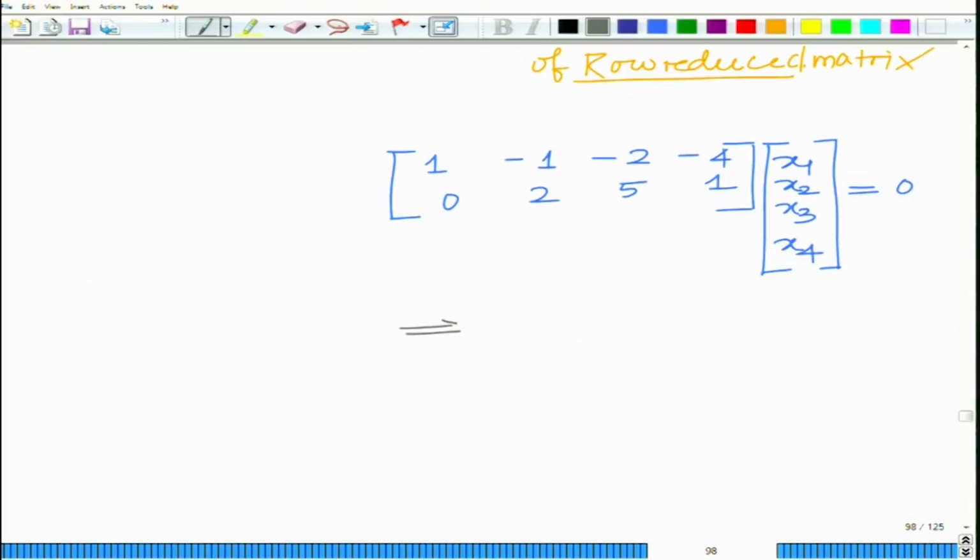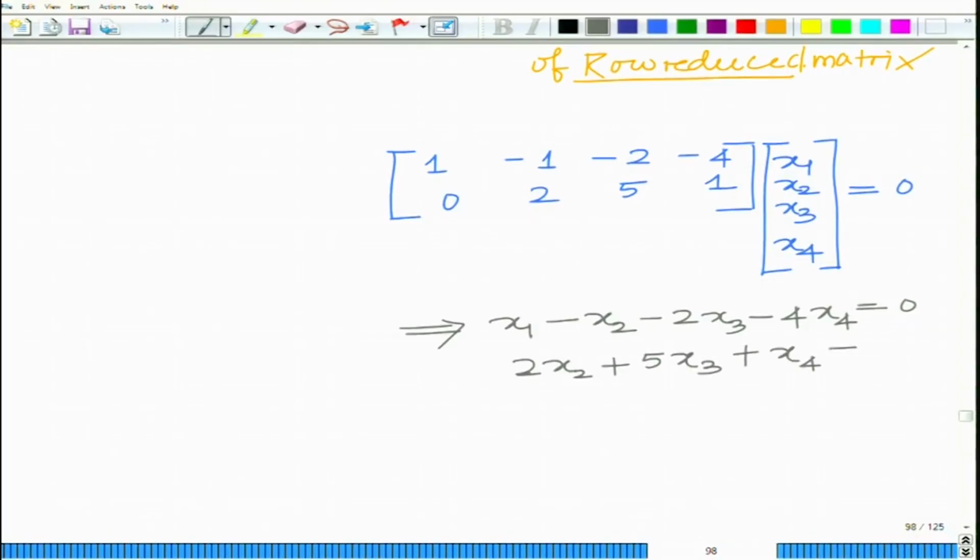This implies we get two equations: x1 minus x2 minus 2x3 minus 4x4 equal to 0, and the second equation will be twice x2 plus 5x3 plus x4 equal to 0.